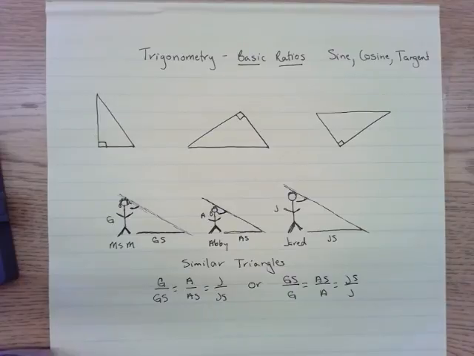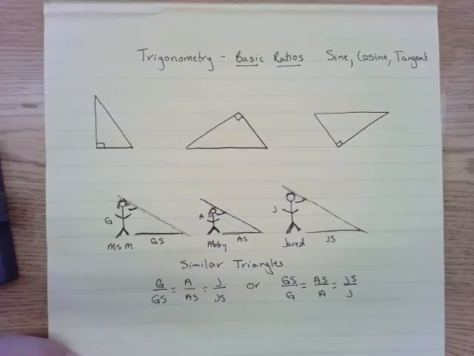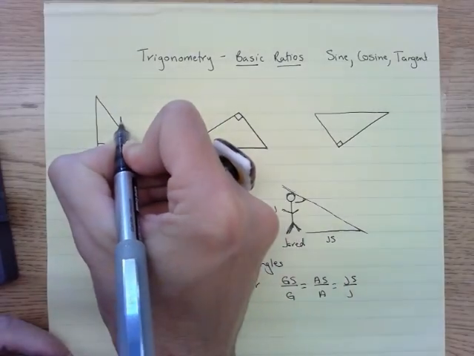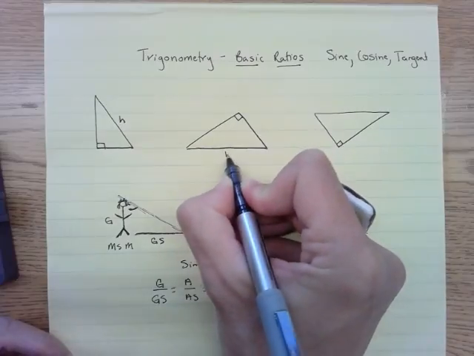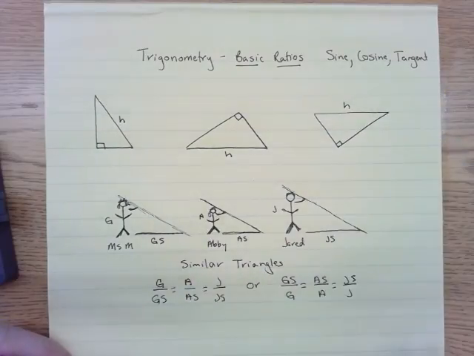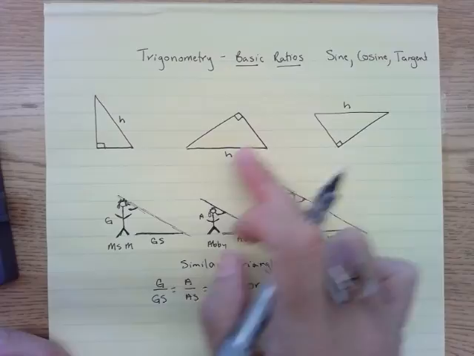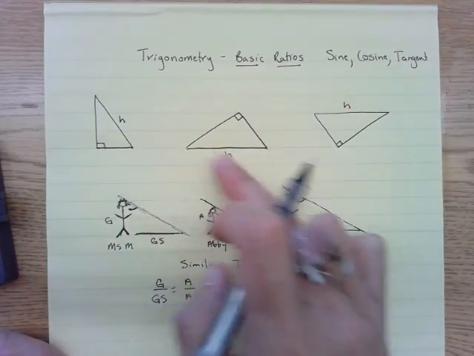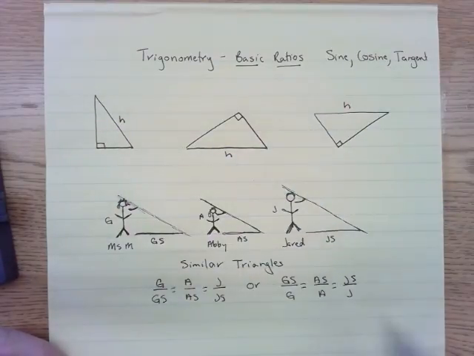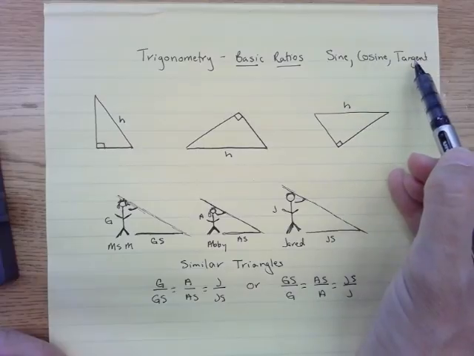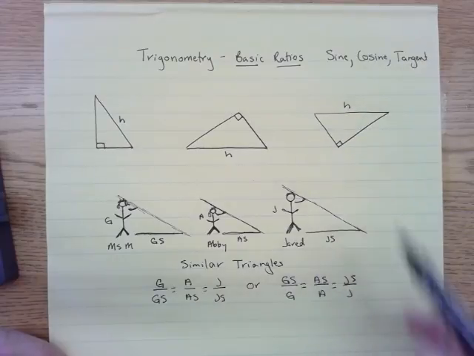The hypotenuse is the side that's opposite the right angle. So I'm going to call this H. I always want to be able to identify where the H is, because once I've identified where the hypotenuse is, then I can use the sine, the cosine, and the tangent ratio using the idea of the legs.